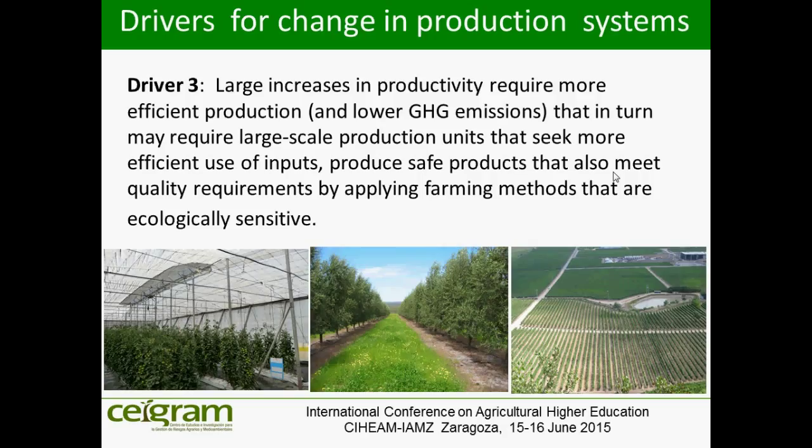Large increases in productivity require efficient production. Many of the efficient technologies that make the production efficient lower emissions, so we can be online. That in turn may require, I do say may require, large-scale production units. When we talk about large-scale production units, we should not only imagine big spaces with cereals.